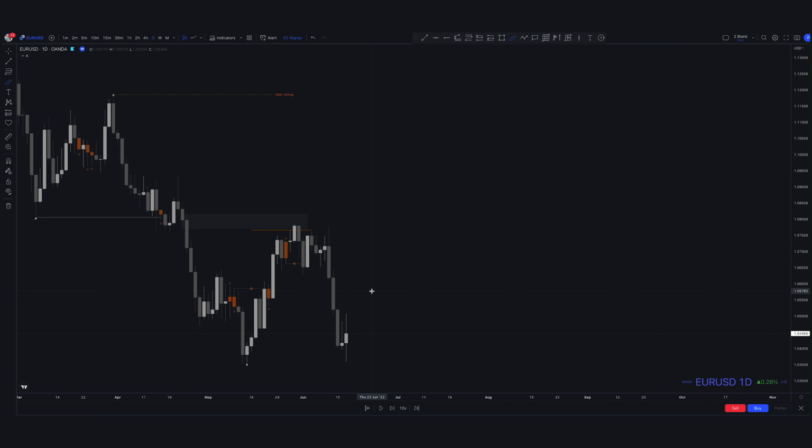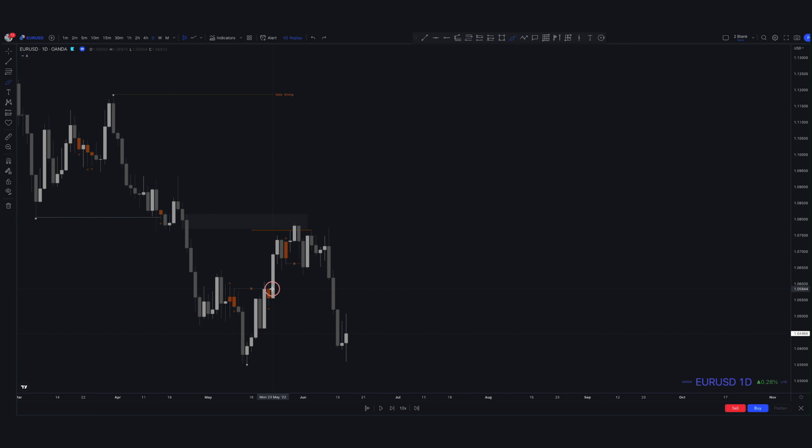The 4 hour would probably look something like this, big like this, and then it would push, and you would think price would still try to go up, but we already know that this is a pullback. It's even fewer candles and easier to spot.